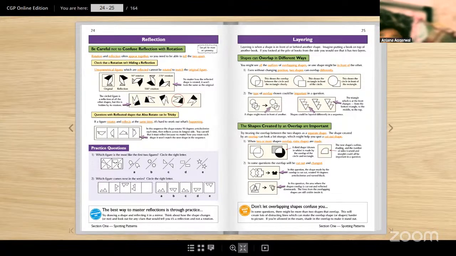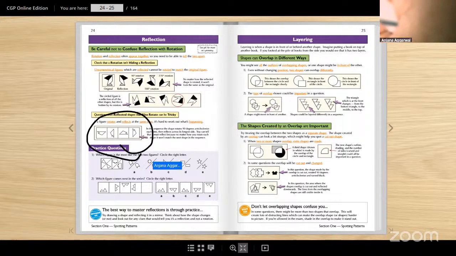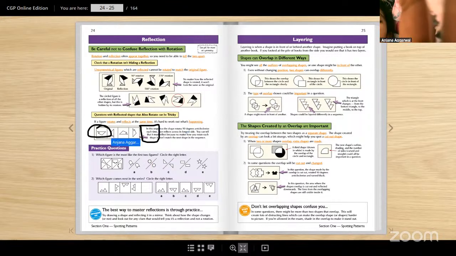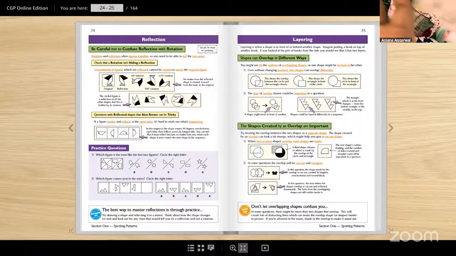Questions with reflected shapes that also rotate can be tricky. If a figure rotates and reflects at the same time, it's hard to work out what's happening. Now, this is easy. If this was a series question, the next shape would have been this shape because all it's doing is going 90 degrees.